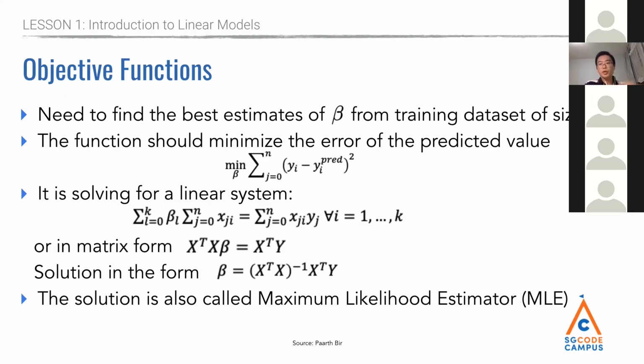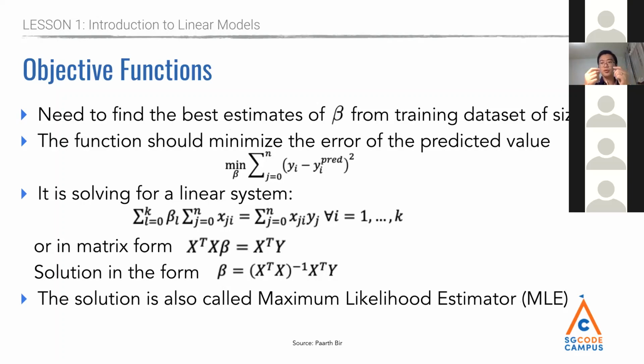This objective function does not only apply to the linear model; it applies to all the models, but in different formats. For the linear model, it's a quadratic function: you can see y minus y predict, squared. So it's a quadratic function for the objective function of a linear regression model, but it takes many other forms. But always, when you train a supervised learning model, you have a prediction versus the actual value.